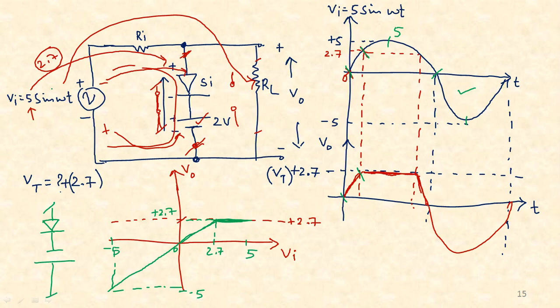Try to analyze this circuit for the same input voltage levels. Let this be the same silicon diode and let the battery strength again be 2 volts. Now the transition level will not be 2.7, it will change, and the output waveform will also change, right? You will have to work upon it, and then I'll ask you in the next class.